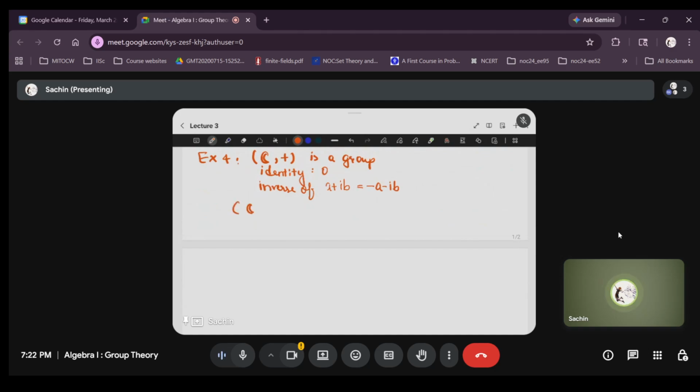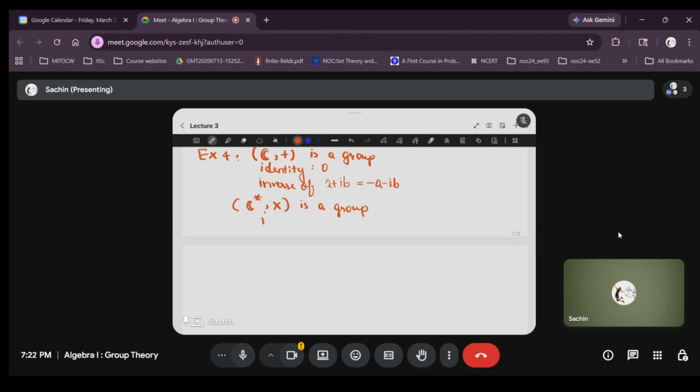The set of complex numbers other than 0 is a group under complex number multiplication. The identity element is 1. Of course, 0 is a complex number because you can write it as 0 plus 0i. 1 you can write as 1 plus 0i.